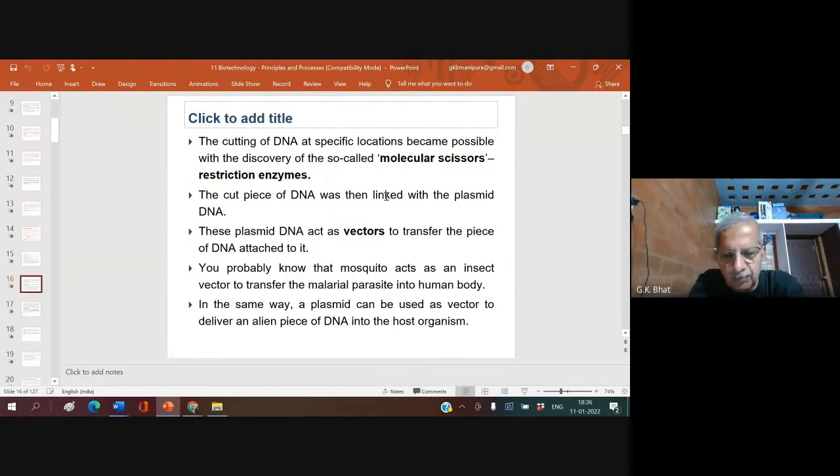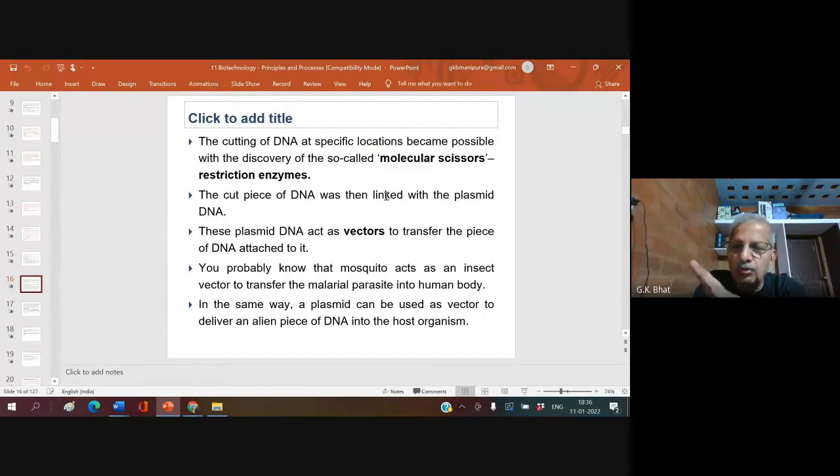Cutting of DNA at a specific location became possible with the discovery of the so-called molecular scissor, also known as restriction enzyme. What is the function of restriction enzyme? Are you following me? Yes, sir.